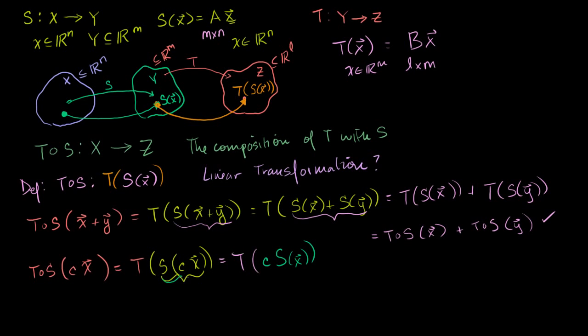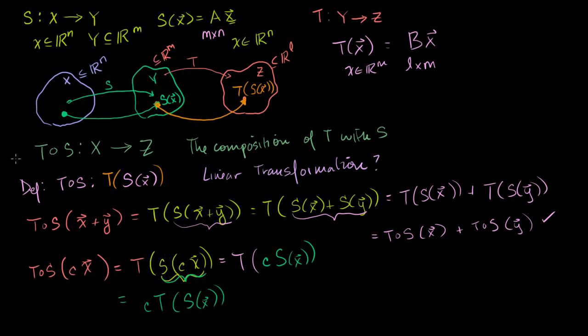This replacing that I did with s applied to c times x is the same thing as c times the linear transformation applied to x. This just comes out of the fact that s is a linear transformation. We've done that multiple times. Well, now we have t applied to some scalar multiple of some vector, and so we can do the same thing. We know that t is a linear transformation, so this is equal to c times t applied to s applied to some vector x that's in there.